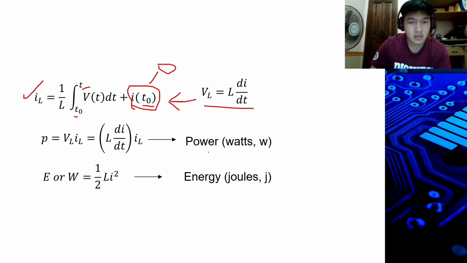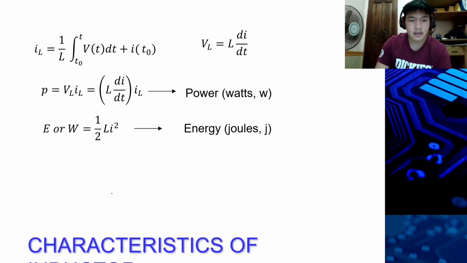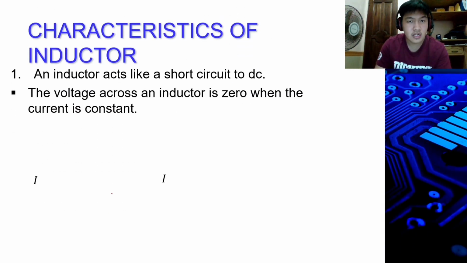And the power, which is measured in watts, is just equal to V times I, where V is L di over dt, times I. For the energy, which is measured in joules, it is 1 half L i squared. This one. Okay.